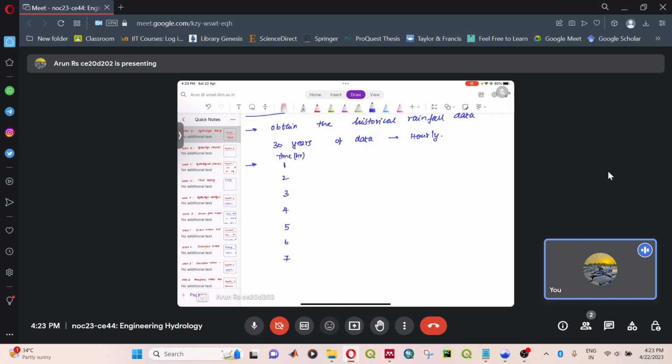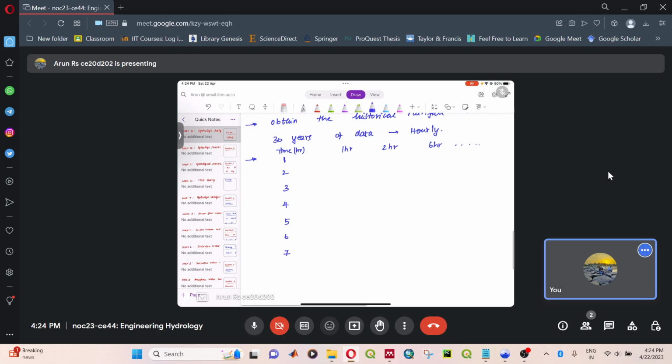So starting from the 22nd of today's date, we have, let's say, 7 hours of rainfall, and let's say we are preparing 2 hours. So this is 1 hour, this is 2 hours, then 6 hours, and we can continue.